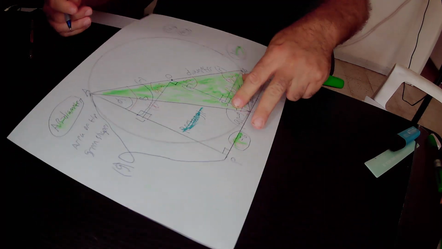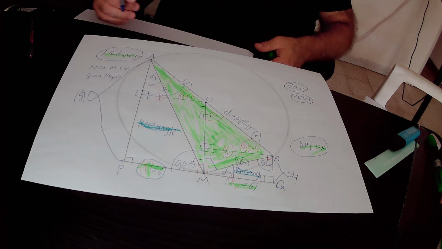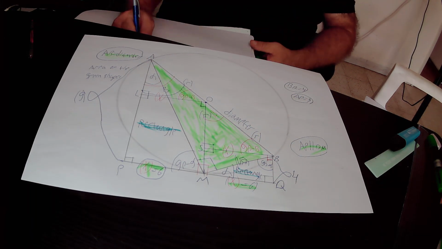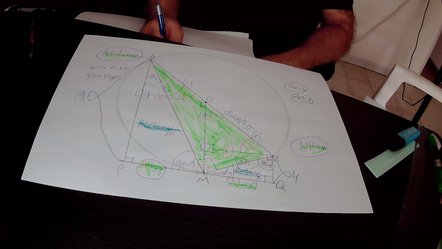In the next step, we will apply the Pythagoras theorem on this big right triangle APM. Here PT is the evaluation for the Pythagoras theorem.